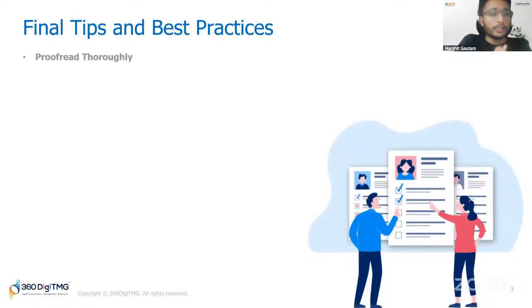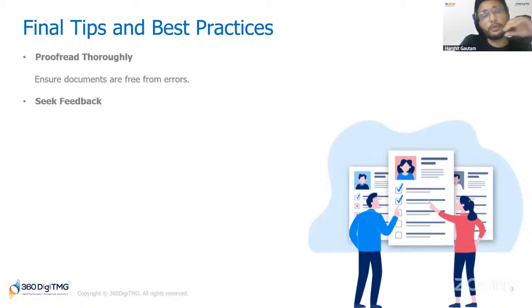Well, talking about final tips and best practices. Whenever you are applying for a job and sending your resume, before that please ensure that there are no errors. You will have to proofread your resume. Reading out your resume is very important. Sometimes students mention a few technical terms, techniques or tools which they are not aware of.